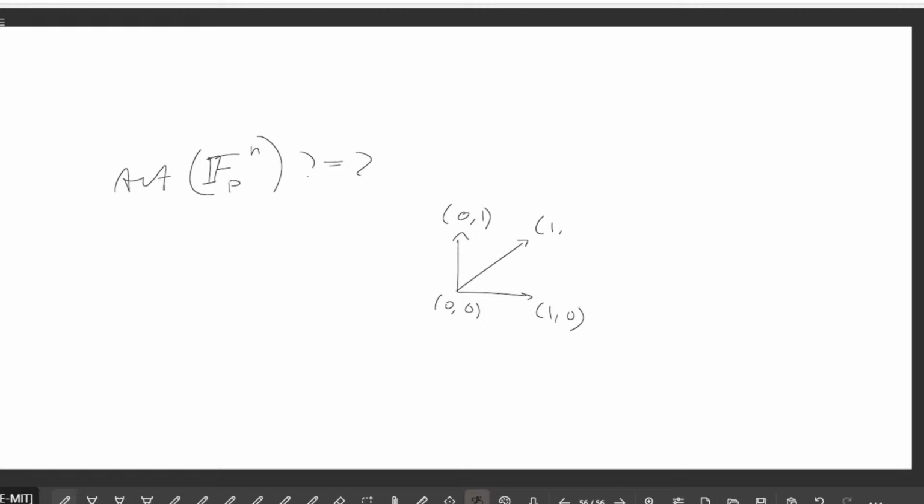For example, you can take this basis, say A, B, C. In multiplication notation you would write AB is equal to C, but AC is also equal to B, and BC is also equal to A. So any two non-zero, non-identity elements generate the group. Or in the vector space, any two non-zero vectors will form a basis. So if you fix a basis, then you can get all automorphisms by mapping it to any other basis.